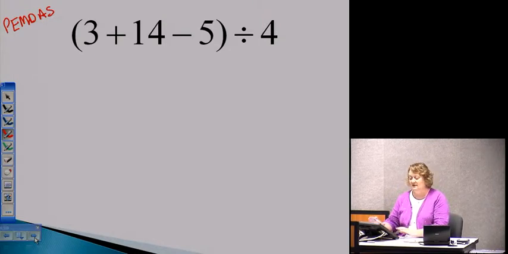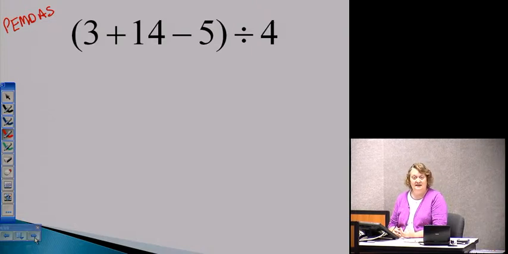And as we look at this, you can't see me cover it up on the board, but we're just going to look at the parentheses part of this problem. We're going to look at the 3 plus 14 minus 5. First of all, we do the addition and subtraction from left to right.